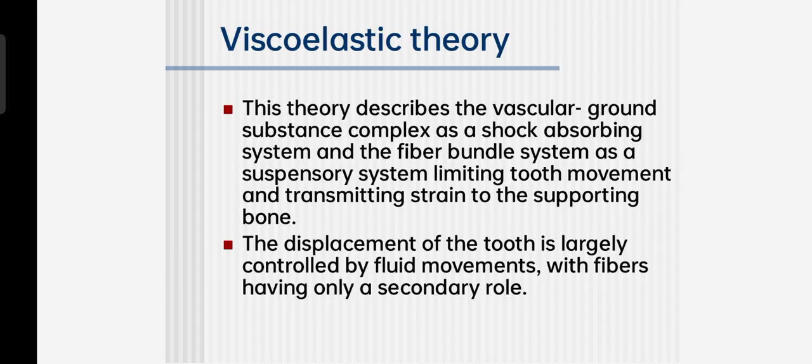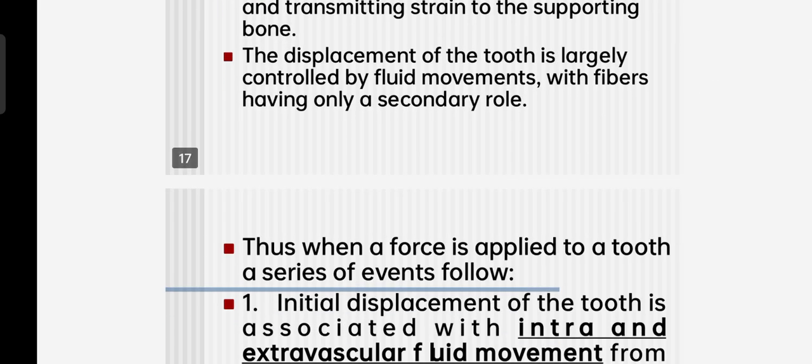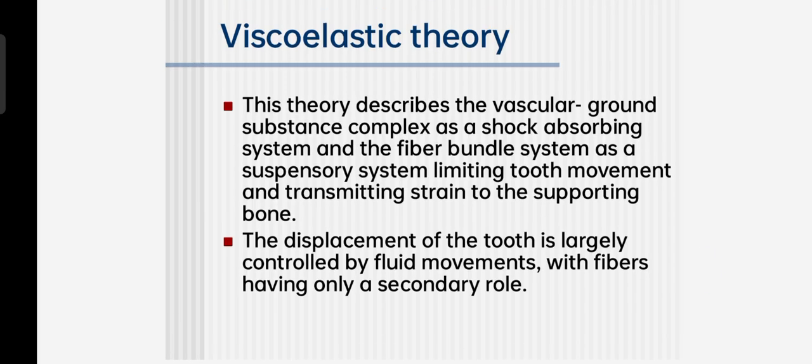According to this theory, vascular ground substance is responsible for the shock absorption, and the displacement of tooth is largely controlled by the fluid movement, with fibers having only a secondary role. According to this theory, the collagen fibers are only serving the secondary role. The major role is by the vascular element.